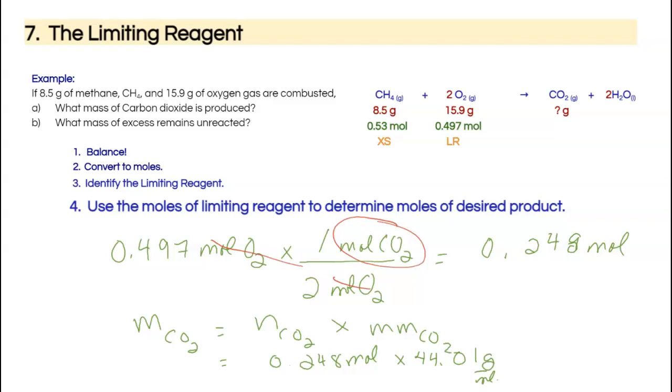And looking at the significant digits here, I've got 3 sig figs and 4. So I'm going to truncate my raw value to 3 significant digits. My raw value is 10.936 and so on. So I'm going to truncate that to 10.9 grams of CO2.